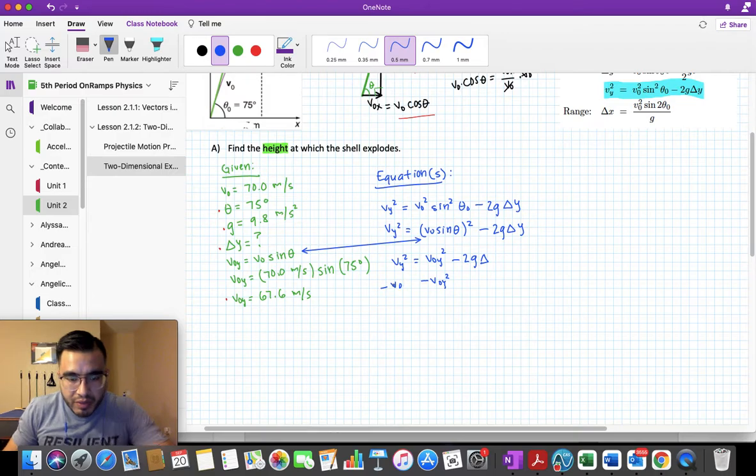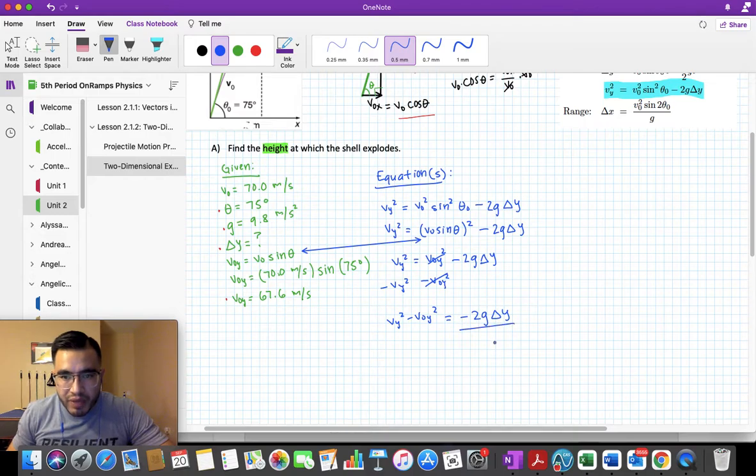Don't do anything with the squares, at least not now. So velocity final squared minus velocity initial squared equals negative 2g delta y. I forgot the y right here. I just want delta y, so I will divide by negative 2g.